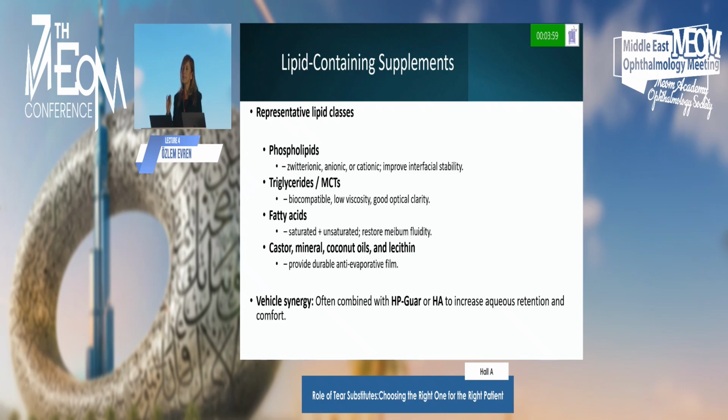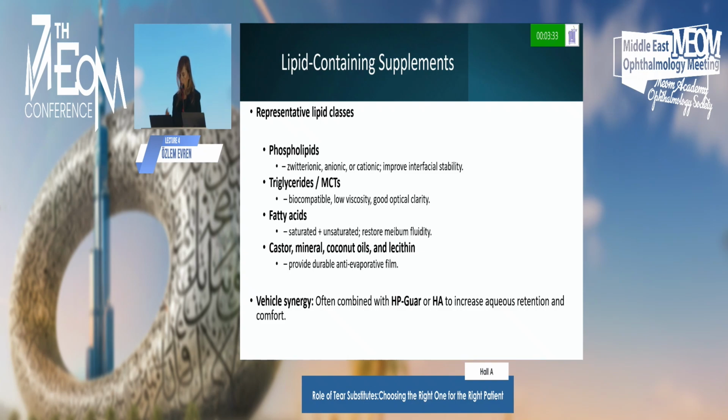They improve the stability. This is like a physical thing. It decreases evaporation. The triglycerides have low viscosity and are good for optical clarity, and fatty acids and the castor and mineral and the other oils, they decrease evaporation. The most different, let's say, is the one that is related to phospholipids.